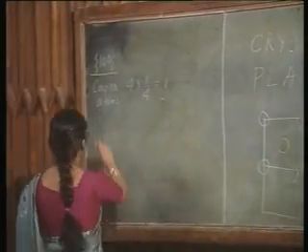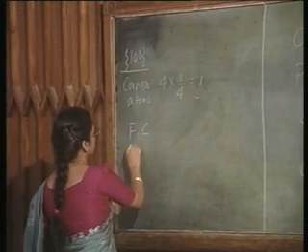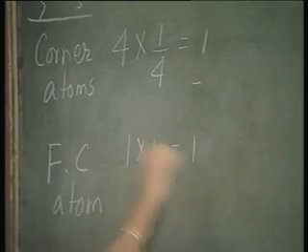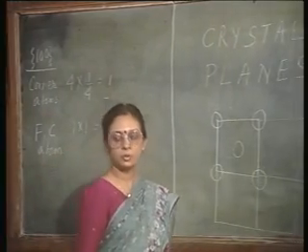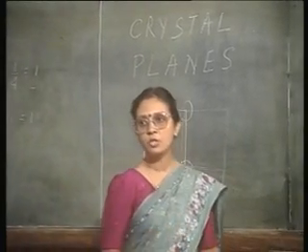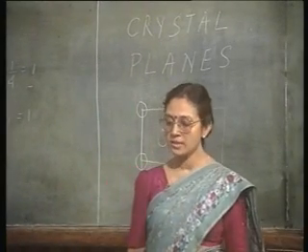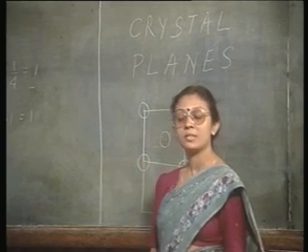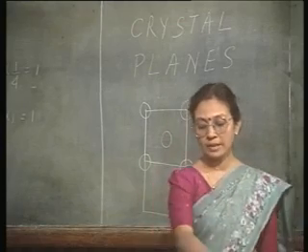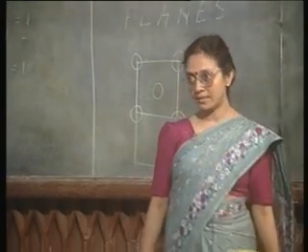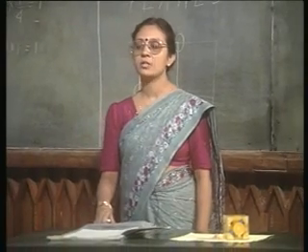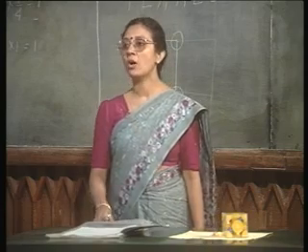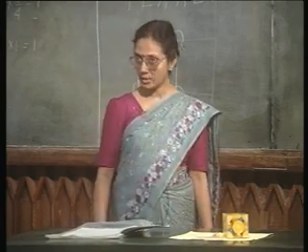So, for the face centered atom, in other words, the total contribution of the atoms to this 1 0 0 plane is simply 2, right. What is the plane area now? You know that in this lattice we said that each side of the cube is A. Therefore, the area of the 1 0 0 plane is A square.